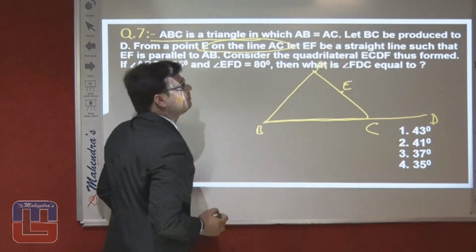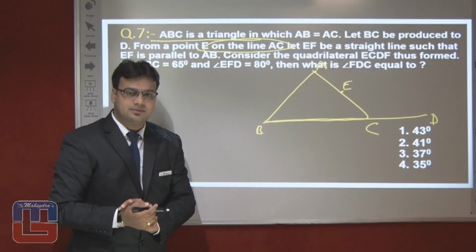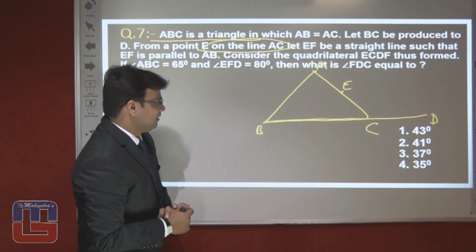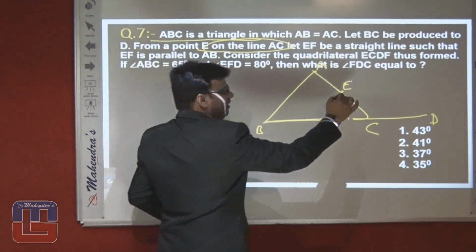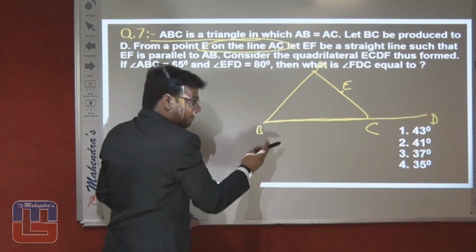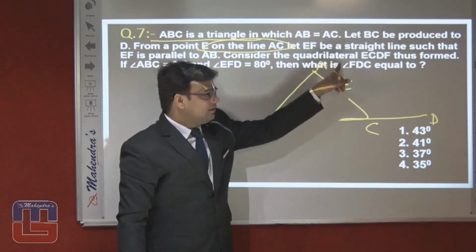Let EF be a straight line such that EF is parallel to AB. That means we draw a line parallel to AB. But on another condition, consider quadrilateral ECDF.